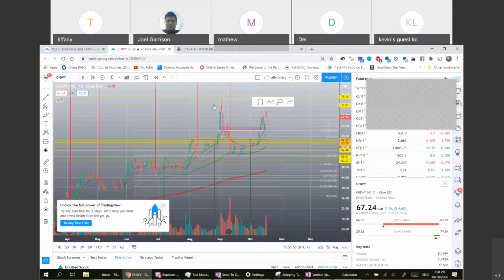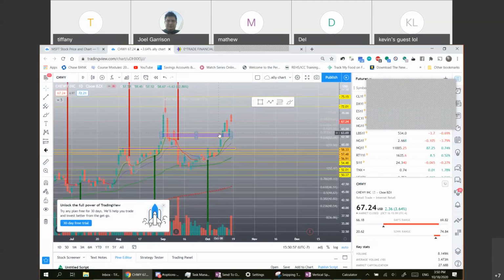Like Chewy loves to consolidate for a big move. That's why we keep playing this, because every dip is an opportunity for a dip buy, and every opportunity is an opportunity to sell these quick credit spreads. People think Chewy is going to be going down, but we established a range. So that's what we did.